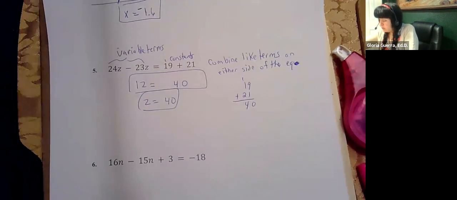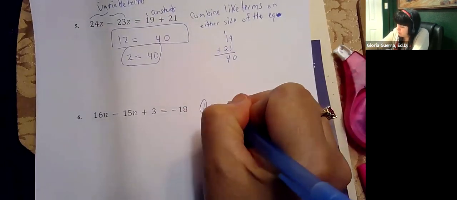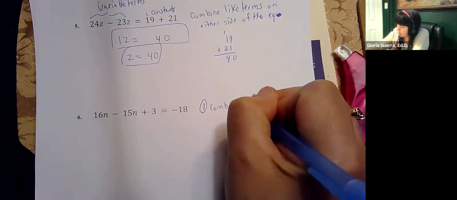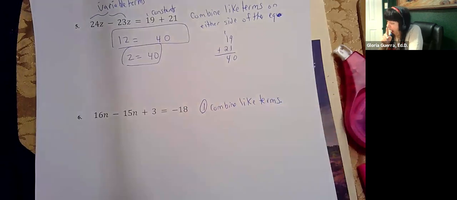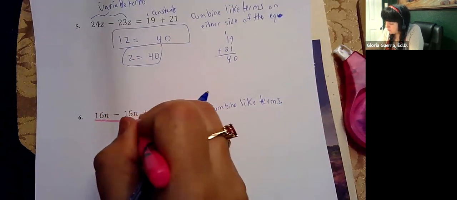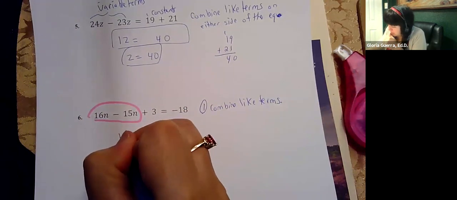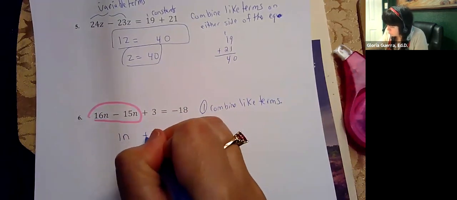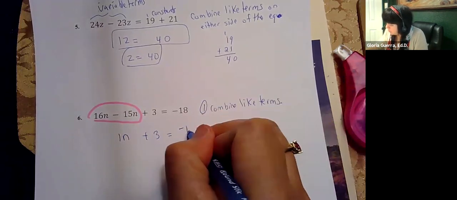Okay, and then on 6, again, if we combine like terms, you can combine the 16n minus the 15n, right? 16 take away 15 is 1n plus 3 equals negative 18.